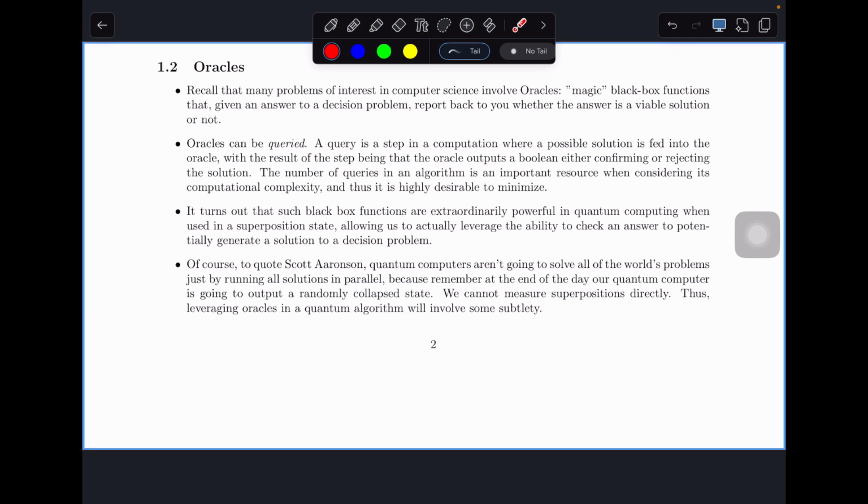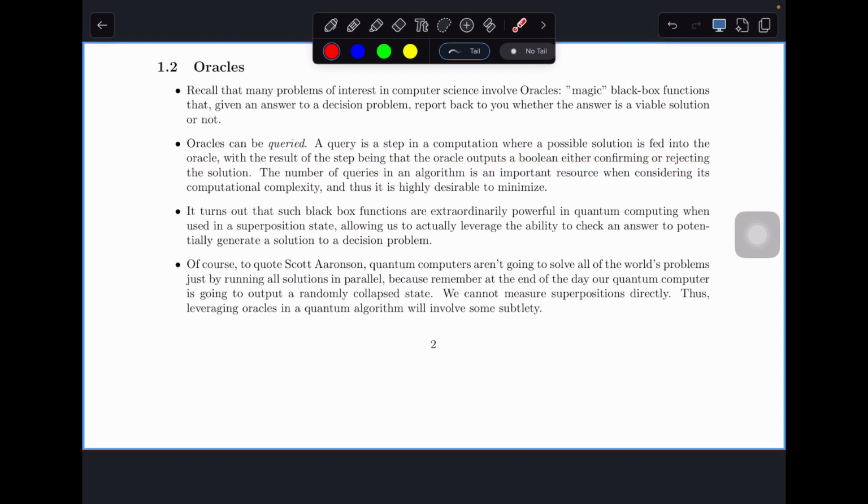That's called a query. Queries are categorized as a computational resource, which is really useful if we're trying to compare classical algorithms to quantum algorithms, because it's a very simple thing to check: how many queries did this algorithm require? So solutions get fed in and Booleans get read out. That's the basic idea behind oracles. Again, don't worry about how the oracle shows up; it's assumed to be given to you.